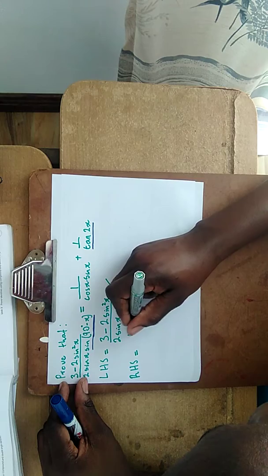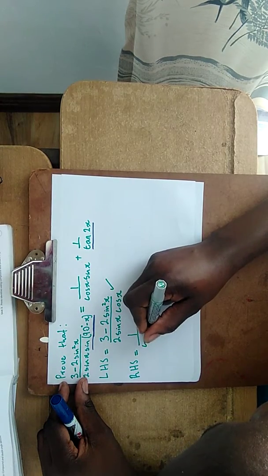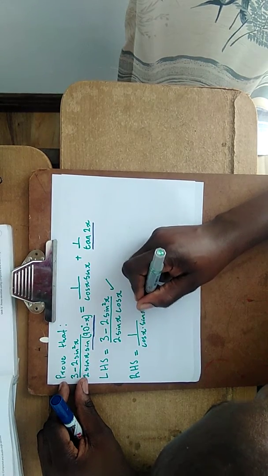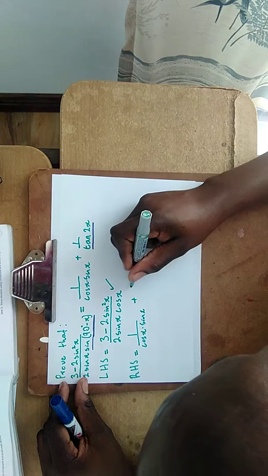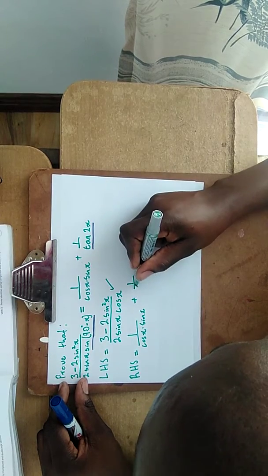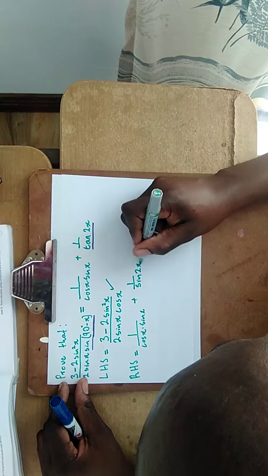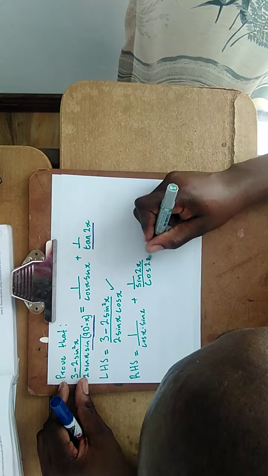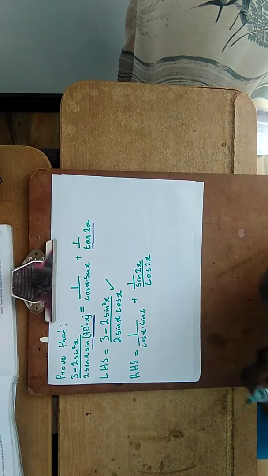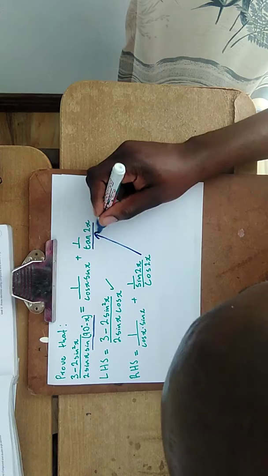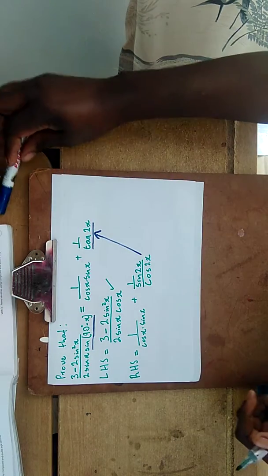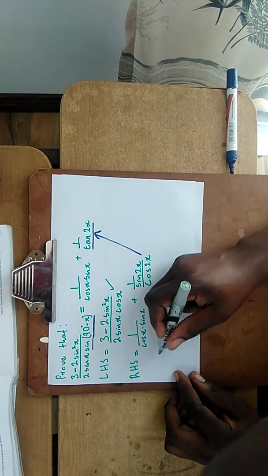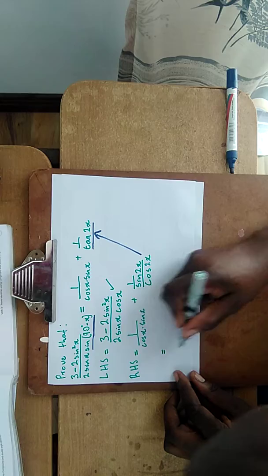So therefore we'll have 1 over cos x sine x plus 1 over sine 2x over cos 2x, which is this one. Then from there, we continue with our right hand side because it's still more complicated.